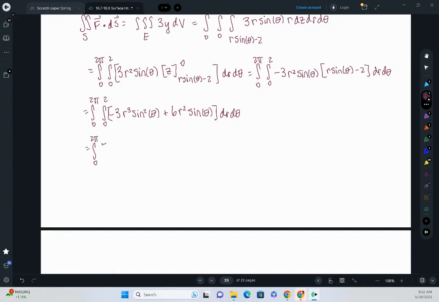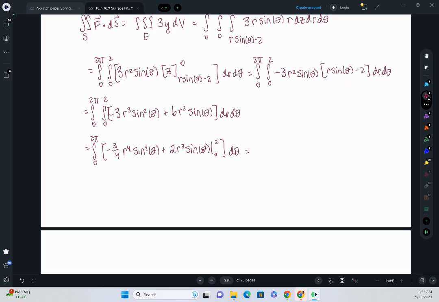With respect to r, I end up with minus 3/4 r to the 4th sine squared of theta plus 2r cubed sine of theta, and r is going from 0 to 2. All right, evaluating, 2 to the 4th is 16.